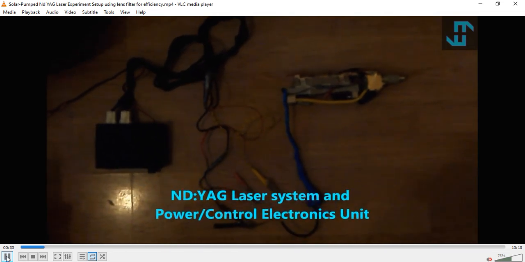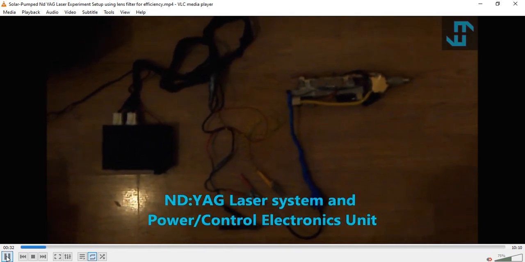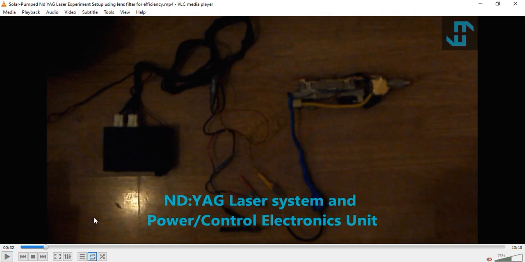Primarily the setup that I had was a neodymium YAG laser system with a modified power control unit. This was a flash lamp driver that I was using to power the flash lamp, a xenon gas flash lamp, and it was incorporated in the laser structure in a reflective mirror structure, so it could irradiate the crystal.